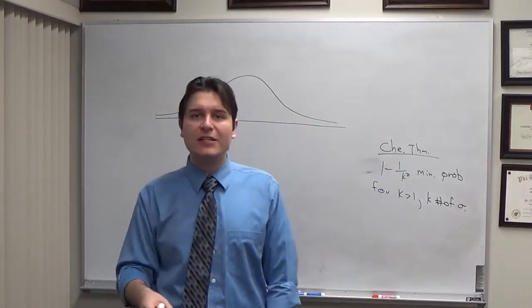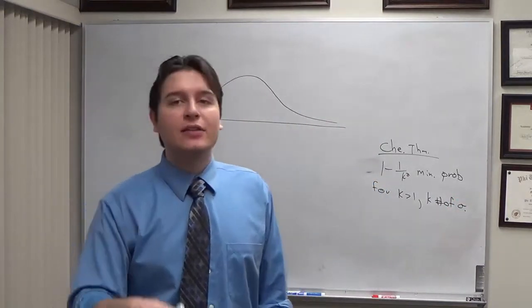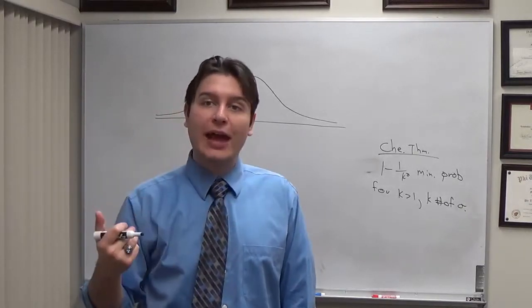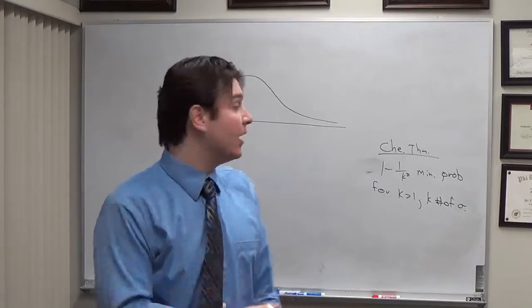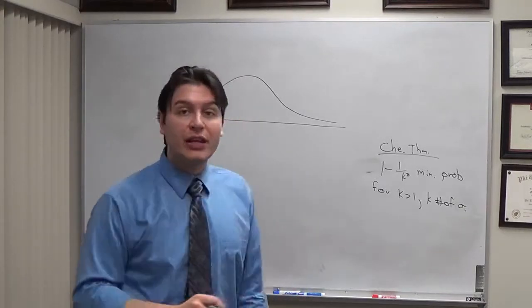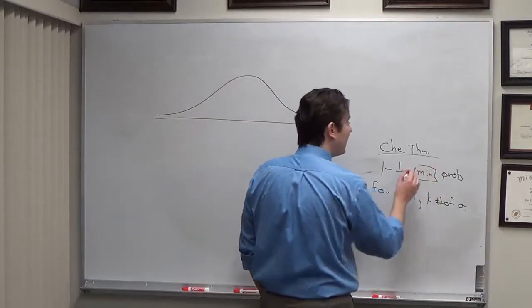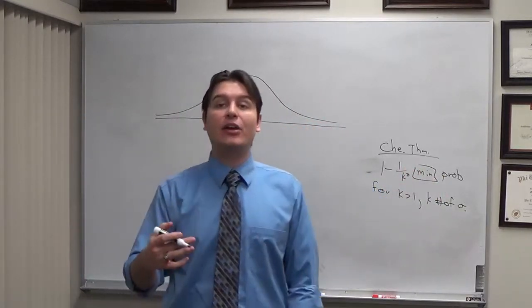I've abbreviated this deeply, but Chebyshev said that if you let the number of standard deviations that you travel on either side of average be bigger than 1, then 1 minus 1 over k squared will give you a minimum probability. And this works for any collection of data.